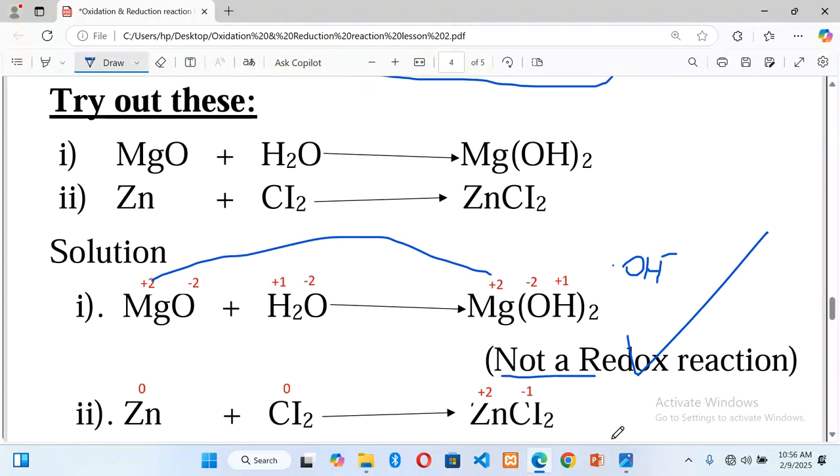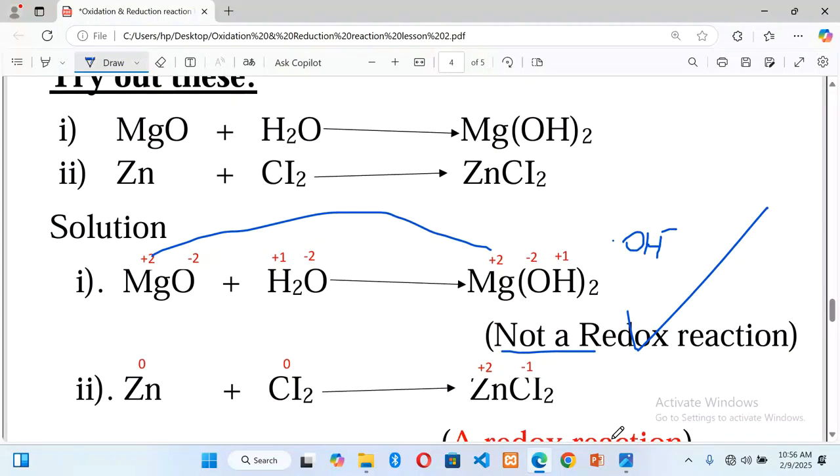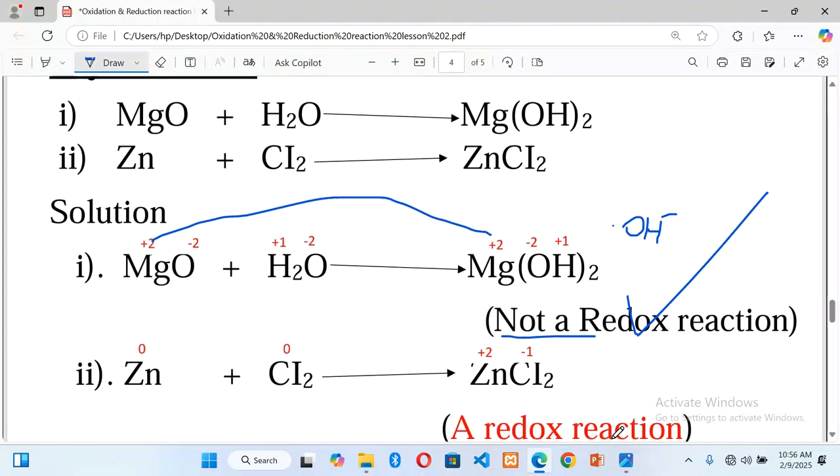Another one: zinc reacting with chlorine to form zinc chloride. We say that zinc is a free element, therefore its oxidation number is 0, and chlorine is also a free element, its oxidation number also 0.